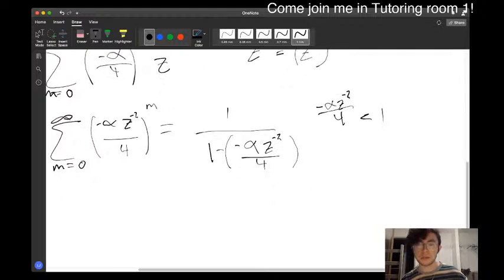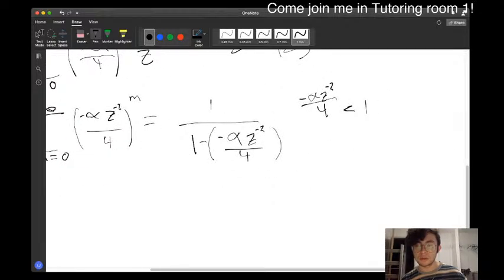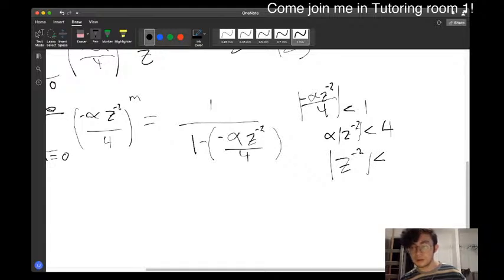Okay, so it was supposed to be the absolute value of r less than 1. So we got alpha times z minus 2 less than 4. So the magnitude of z minus 2 is less than 4 over alpha.